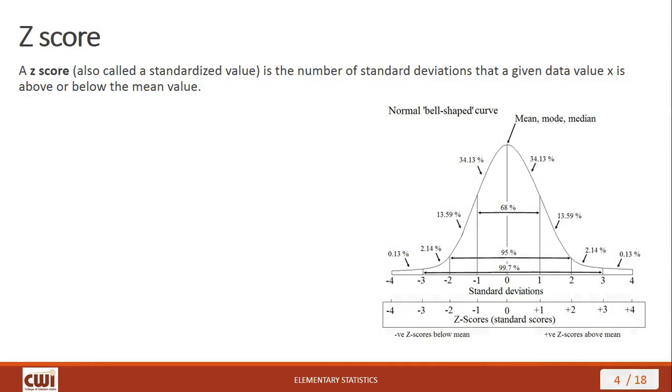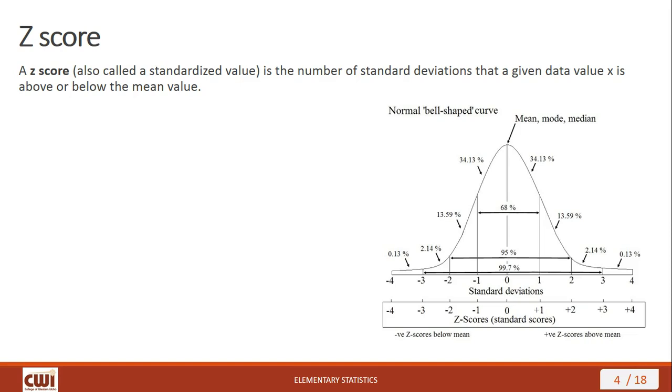A Z-score, which is a type of standardized value, is a number of standard deviations that a given data value x is above or below the mean value. So instead of listing a data value for the value that it is, we want to know where that data value appears in the range of data values throughout the distribution. So how close to the mean, how close to the tails, where exactly is this data value relative to all the other data values in our data set?